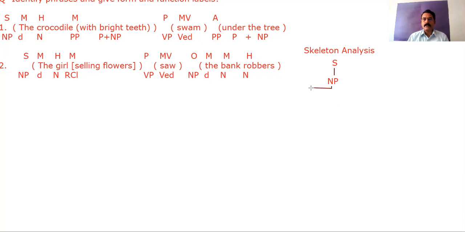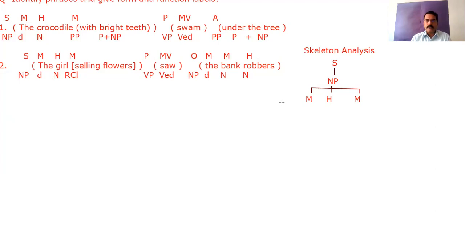So this is for pre-modifier, this one is for head, and this one is for post modifier. Then let us give the labels: modifier, head, and then one more modifier. So MHM we have inserted in the tree diagram. And what is the pre-modifier?